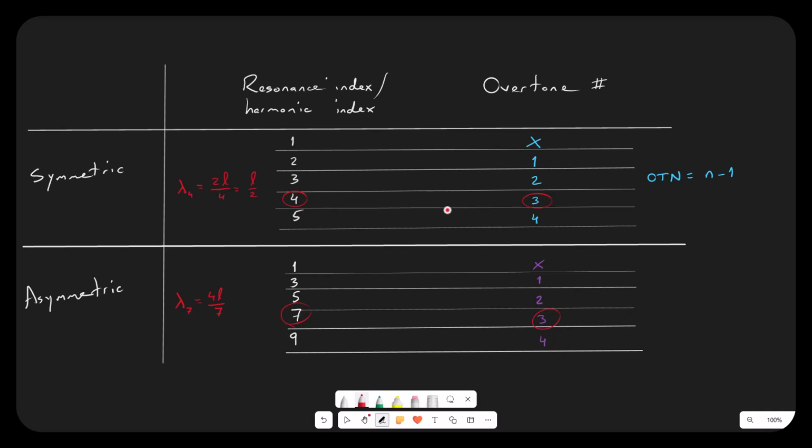Third overtone here is the n equals 4. That's the 4 loops, so I've got something like this. I need to end that a little earlier. I've got something like this, 4 loops. Down here, I'm at 7 half loops.